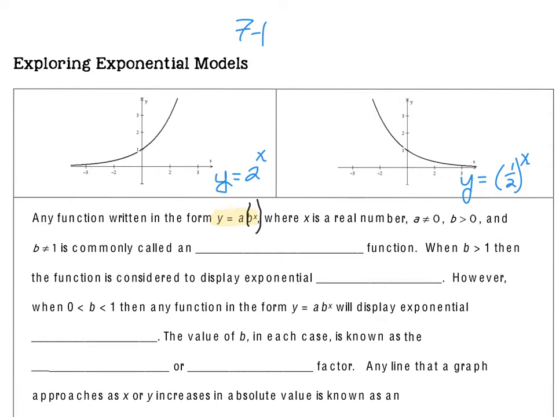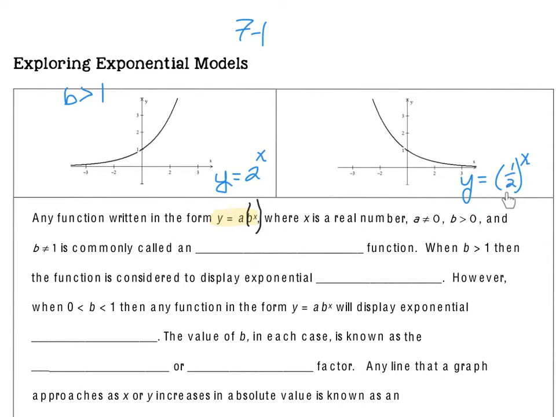I would add here that when b is greater than 1, you're going to have exponential growth. As long as this base here is a number greater than 1, you're going to have growth, and I'll show you why when we graph it. The bigger x becomes, the bigger y becomes very rapidly.